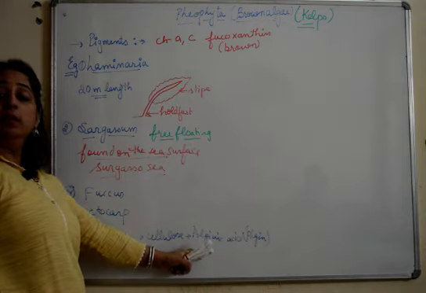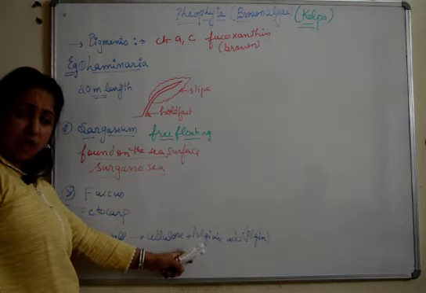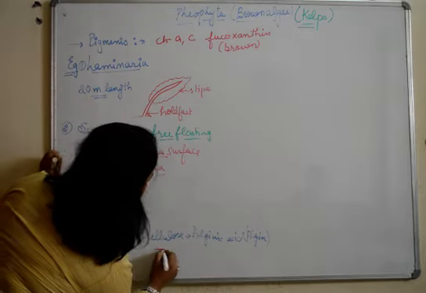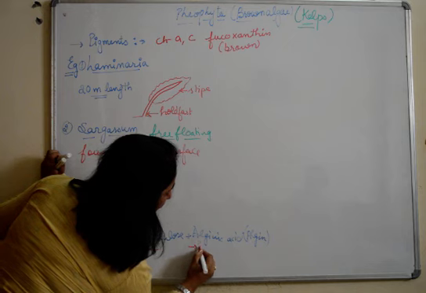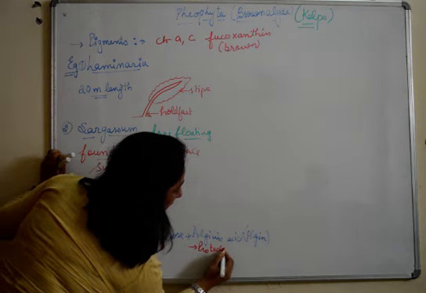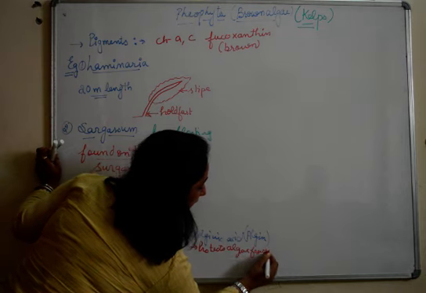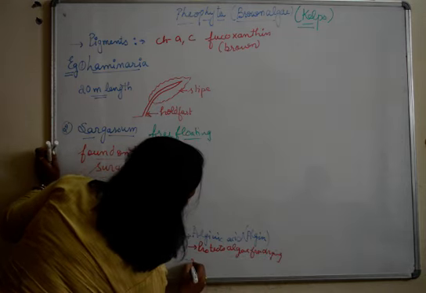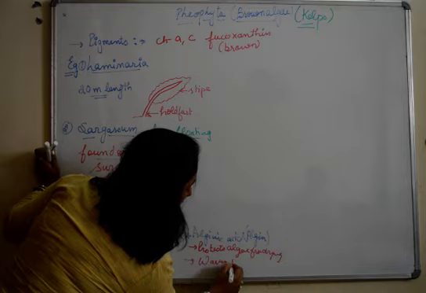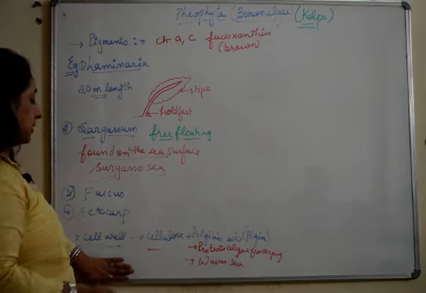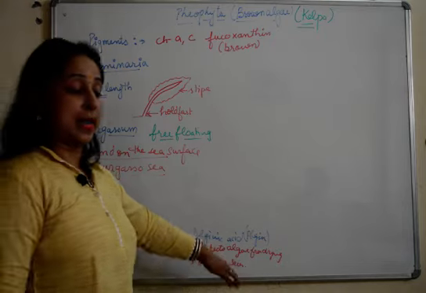So this is the composition of the cell wall, and this algin protects the algae from drying and also from the waves of the sea.